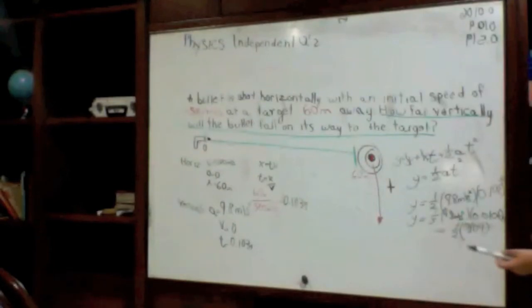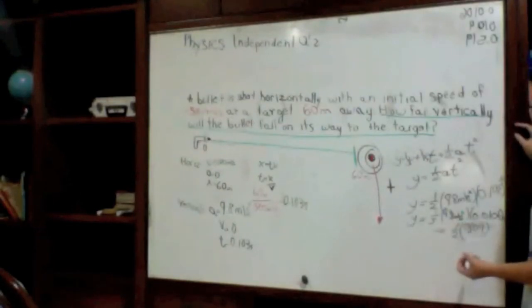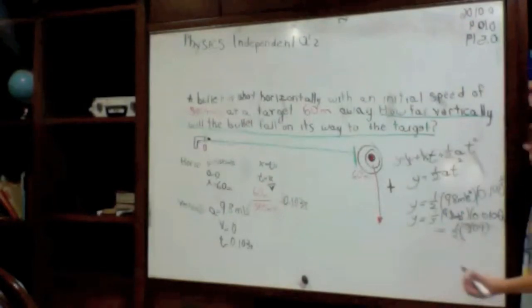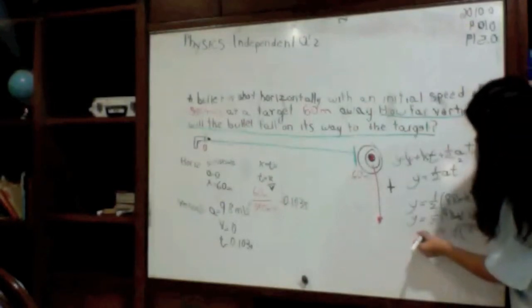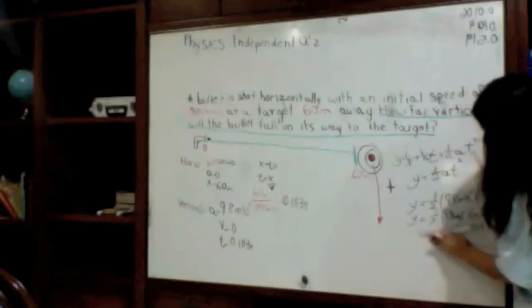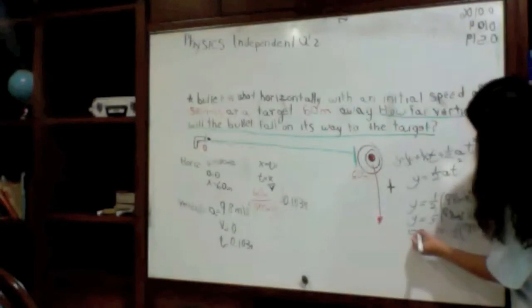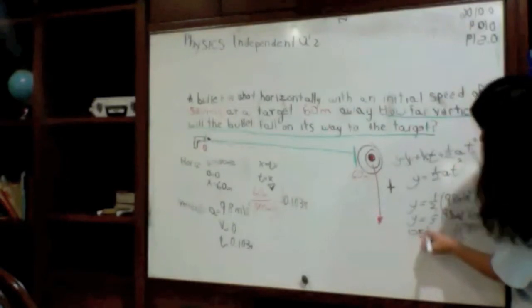And so we've done everything, and 1/2 times 0.104 would equal 0.519.